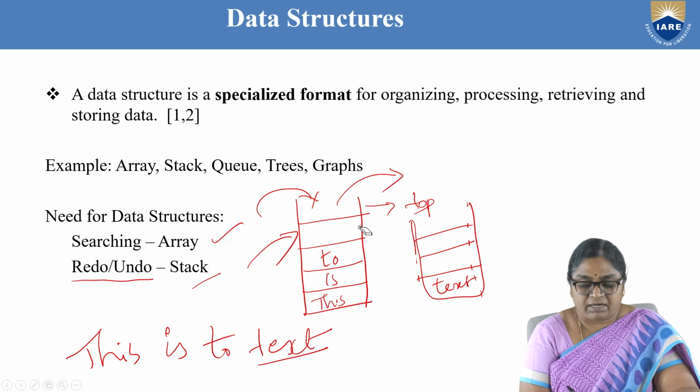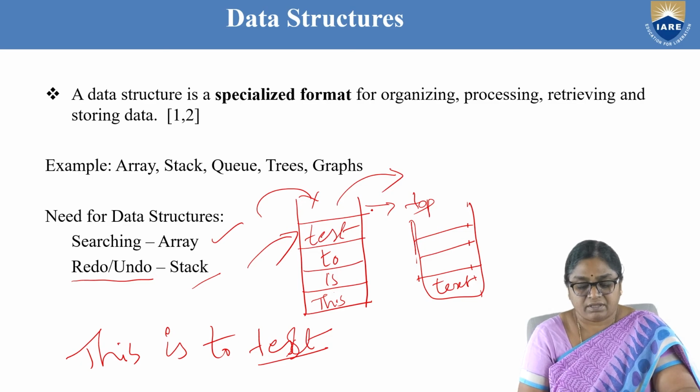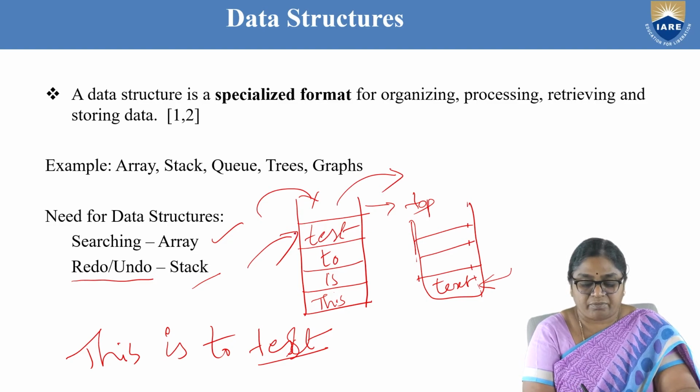Later I can type some test here. If I want to redo the thing, then if I apply Control Y, automatically the word which is placed in the redo stack will be inserted onto the top of the stack. That is, it will replace the test with text.